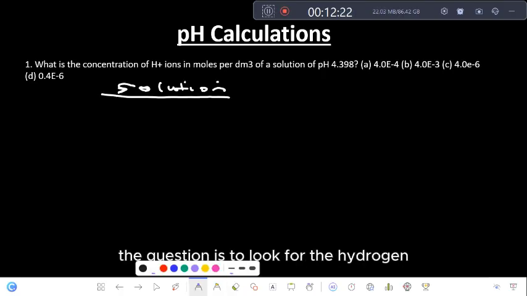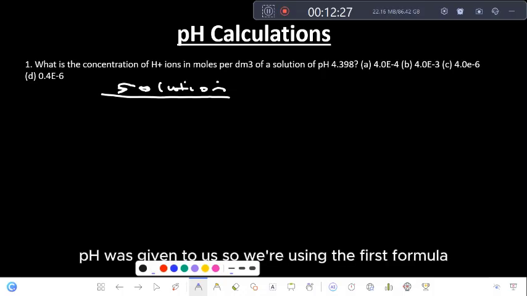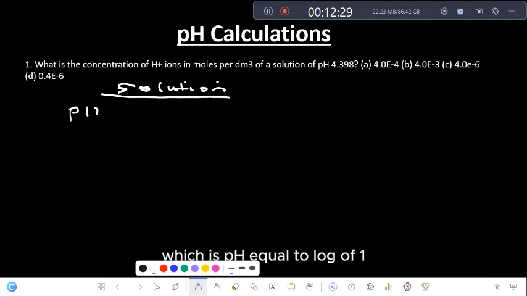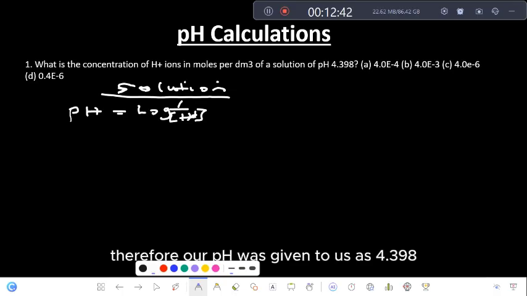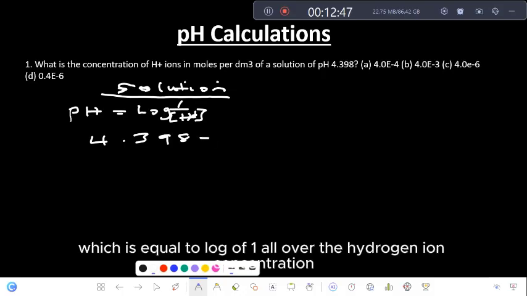The question is to look for the hydrogen ion concentration, and pH was given to us. So we're using the first formula, which is pH equal to log of 1 all over the hydrogen ion concentration. Our pH was given as 4.398, which is equal to log of 1 all over the hydrogen ion concentration.